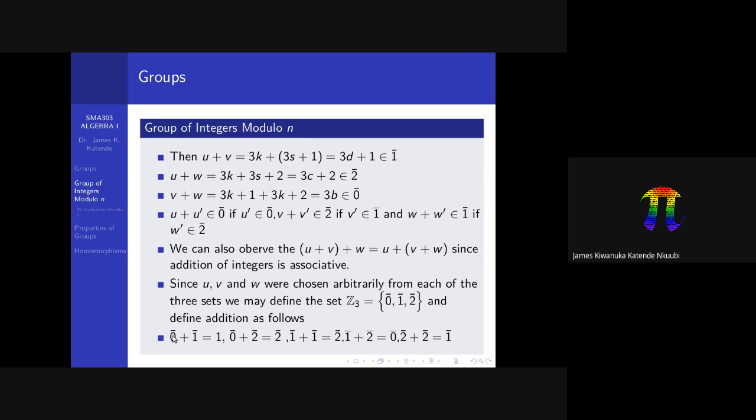So if you add 0 plus 1, we get 1. So 0 bar is simply the set of all multiples of 3. Bar 1 is simply the set of all numbers that leave remainder 1 when divided by 3. So when you add anything from those two sets, you will still get bar 1 because you get a number which leaves remainder 1 when divided by 3.